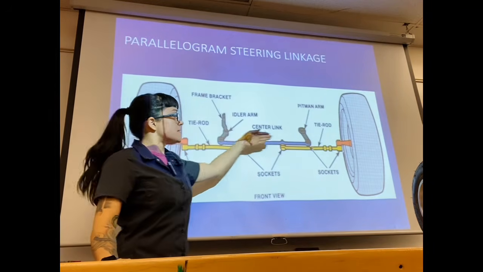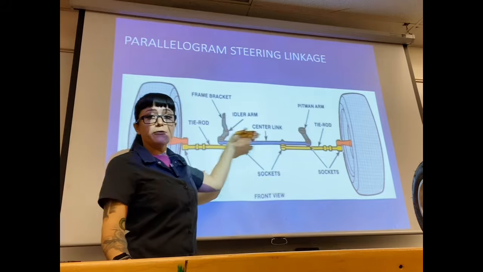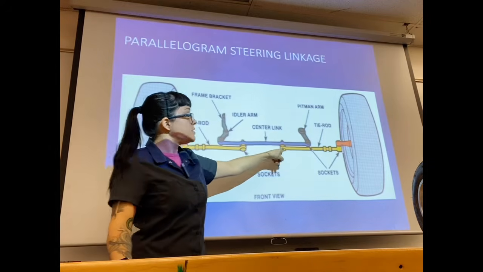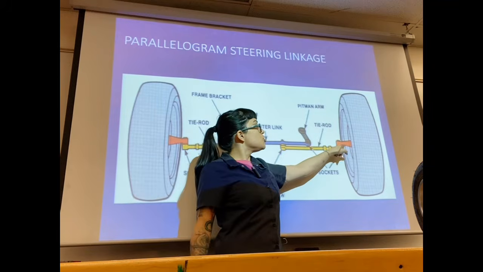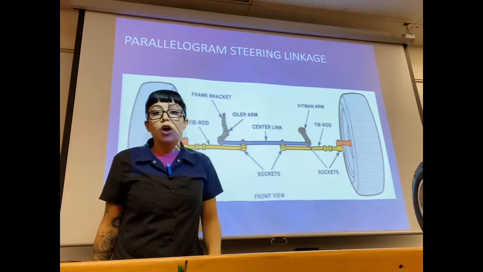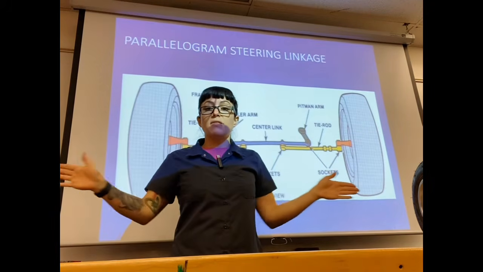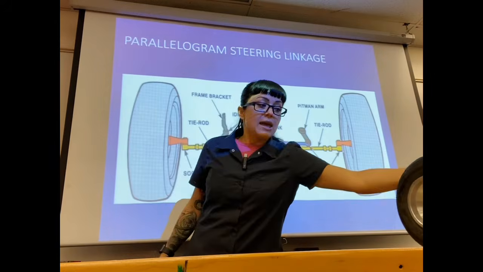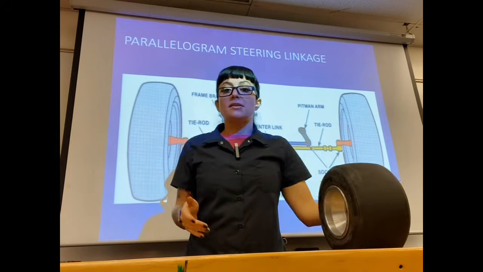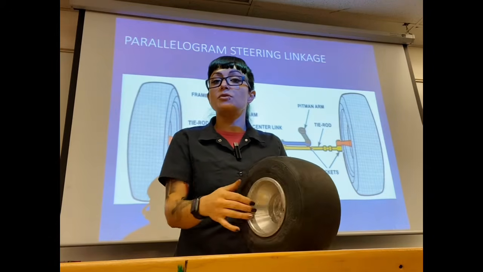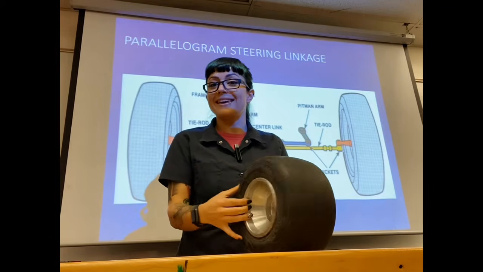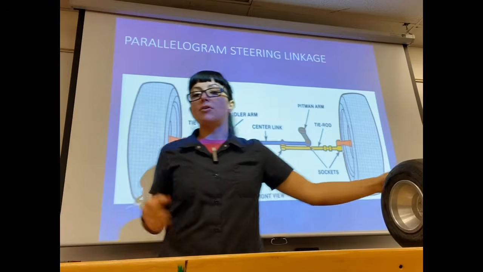And as this center link goes back and forth, my tie rod on each end is going to attach to the center link and to our steering knuckle, which in turn is going to have this sort of motion. And this sort of motion is going to push or pull the steering knuckle to make our wheels do something like this. And that's how a parallelogram steering system works.